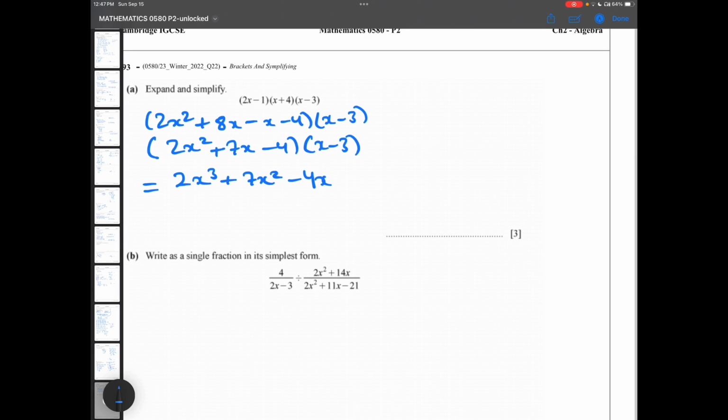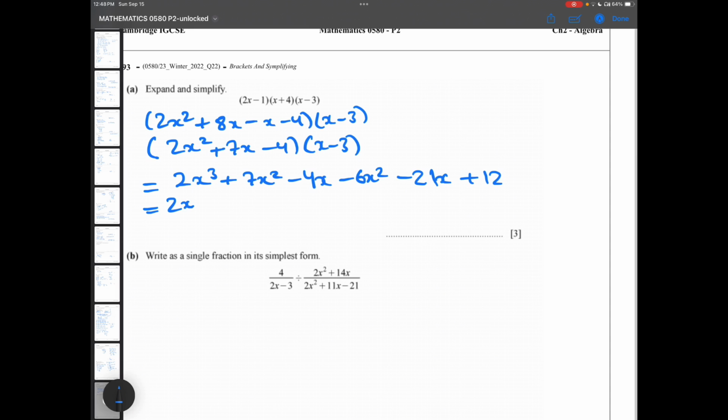Now I will multiply minus 3 with the whole bracket. By multiplying minus 3 with 2x squared, we get minus 6x squared. Then I multiply minus 3 with 7x, I get minus 21x. Then I multiply minus 3 with minus 4, I get plus 12.